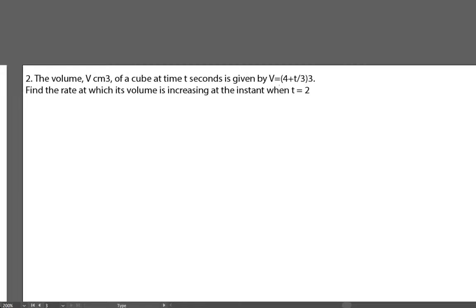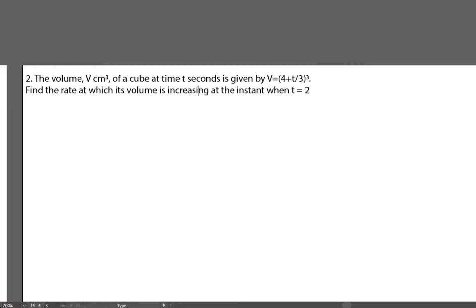So the first thing that you'll actually realize is that I know what the side is. Wait, I know what the size of the cube is. It's actually 4 plus t over 3. But that's not what the question wants us to find out.